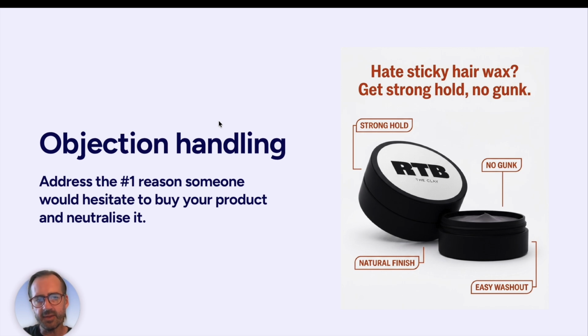So you ask that question up the top, which is the objection, and then you neutralize it with the copy saying no gunk, strong hold, natural finish, easy wash out. So this is all about addressing common objections your customers may have with your product. Another great hook, another great angle framework for your static ads.